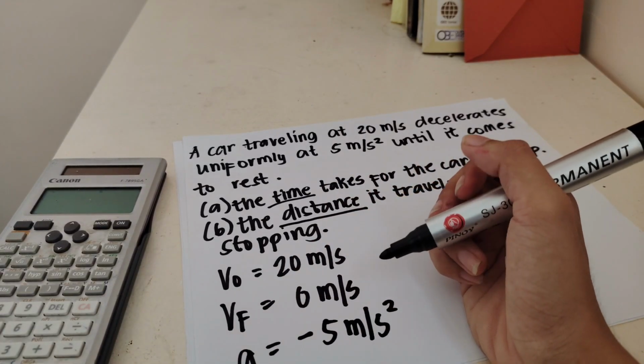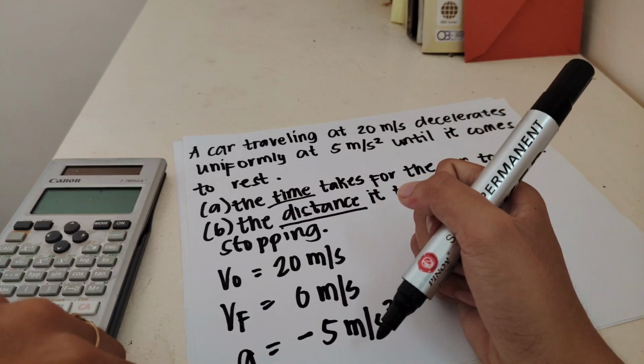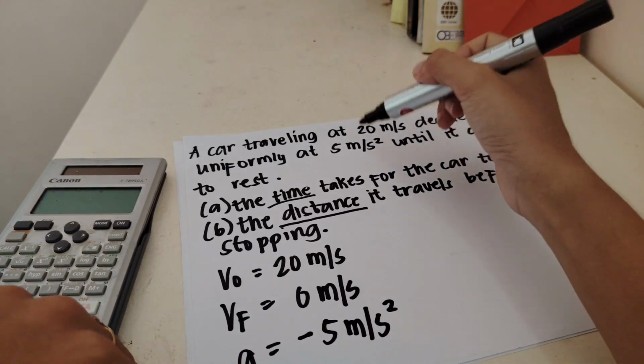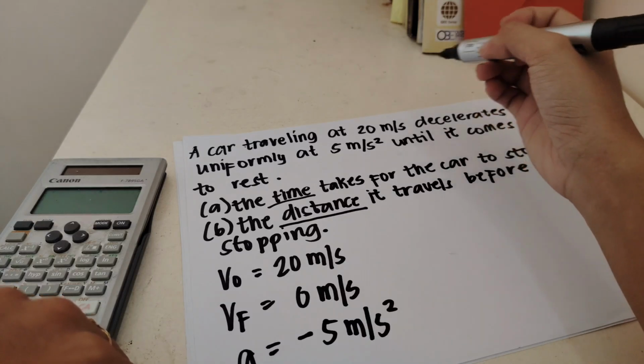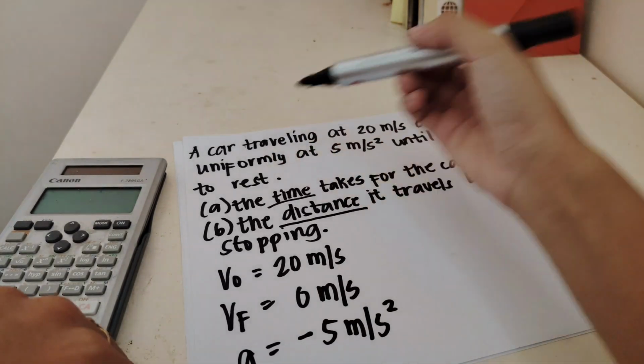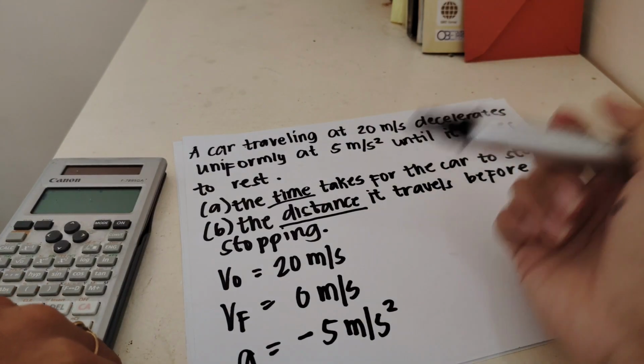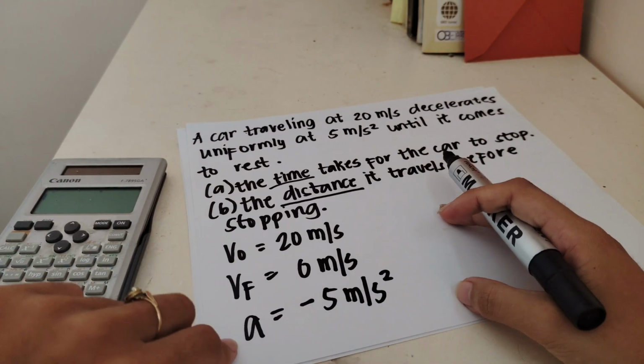And then the acceleration is negative 5 meter per second squared, because the 5 meter per second squared is from decelerates uniformly. And if it will decelerate, the given will be negative.